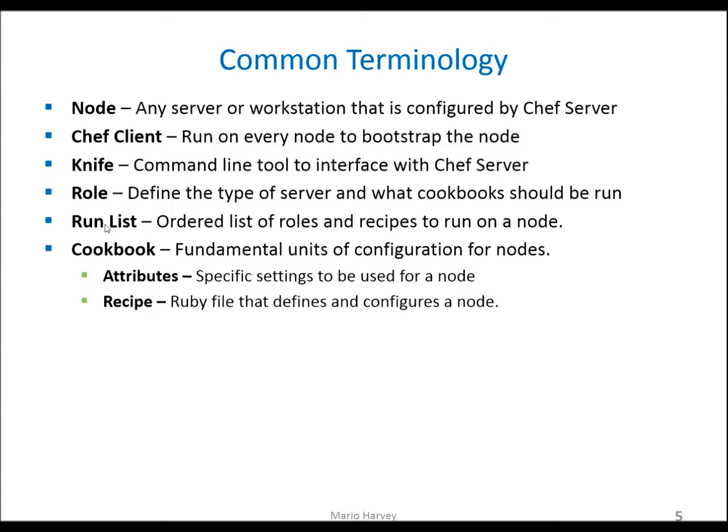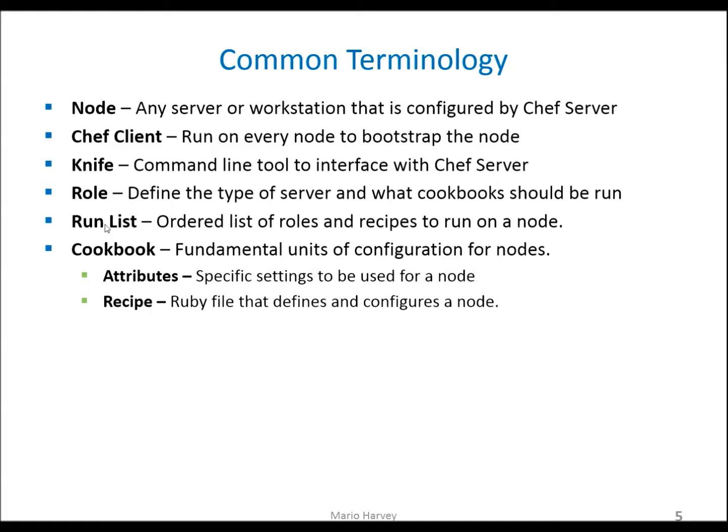You would have a run list of the recipes that need to be run for that role. So for a WordPress blog, you would want to have a MySQL recipe, a PHP recipe, and an Apache recipe that go hand in hand with what a WordPress server would need.